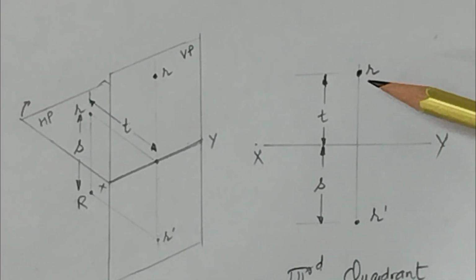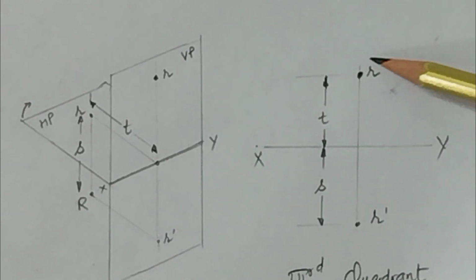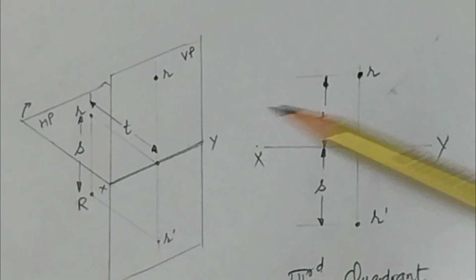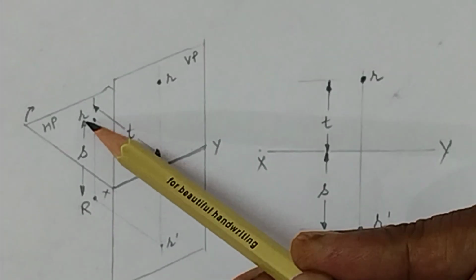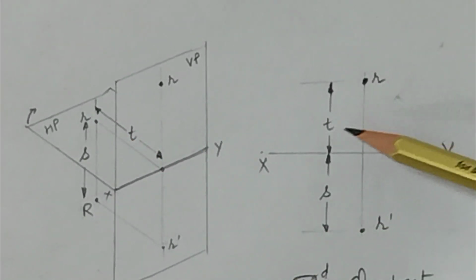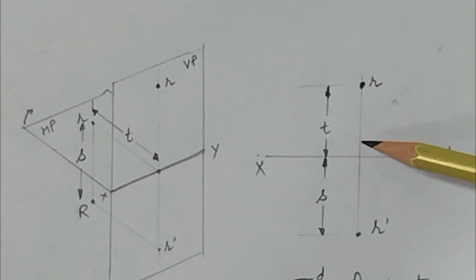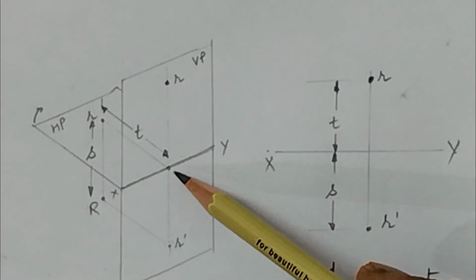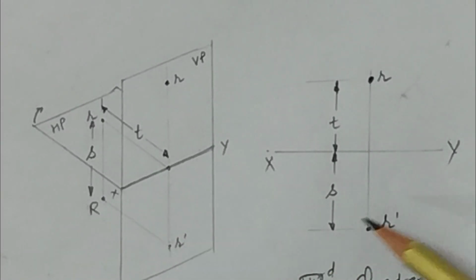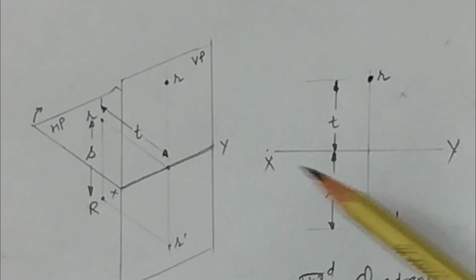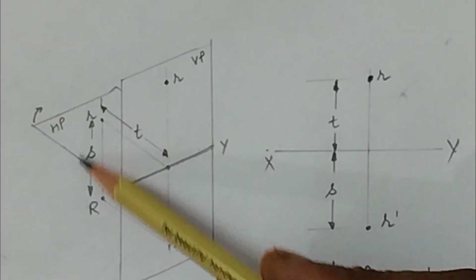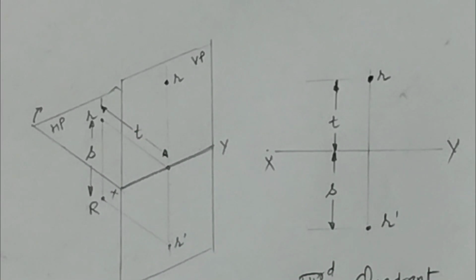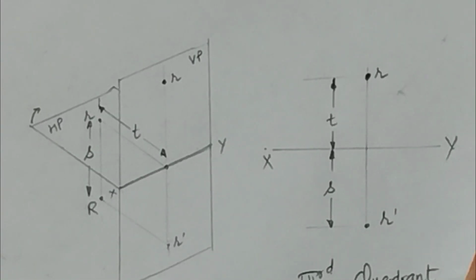Here this point R is the top view, and this distance, the top view away from the XY line, is T. The front view is below XY, that is R dash. So we mark R dash equal to the distance of this point from the XY, that is S here. This is the representation of the position of a point in the third quadrant.